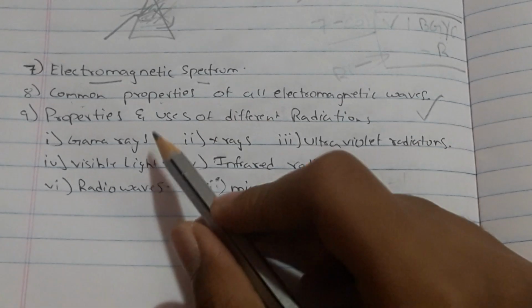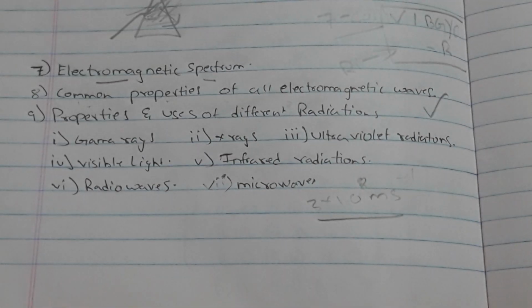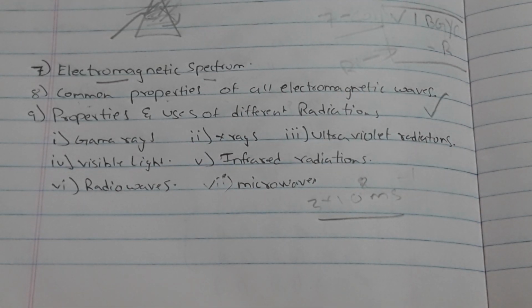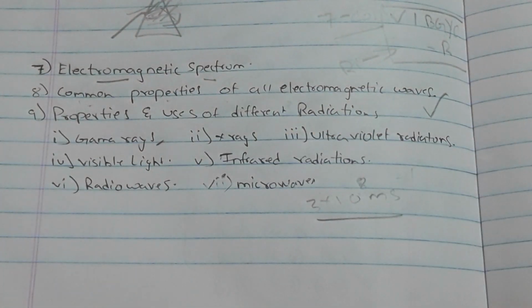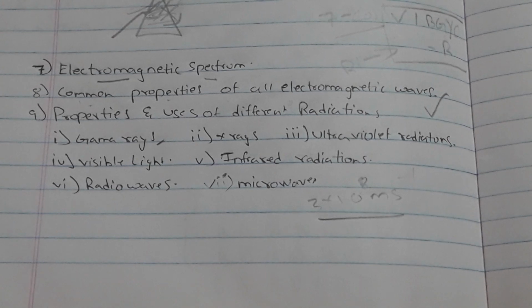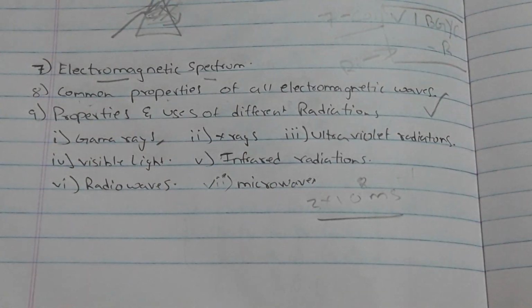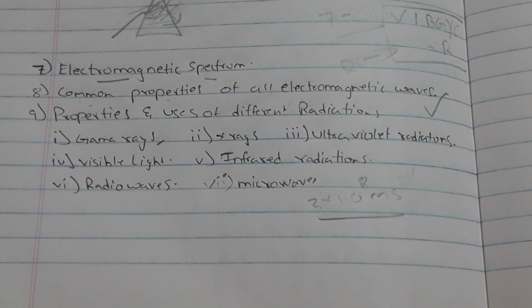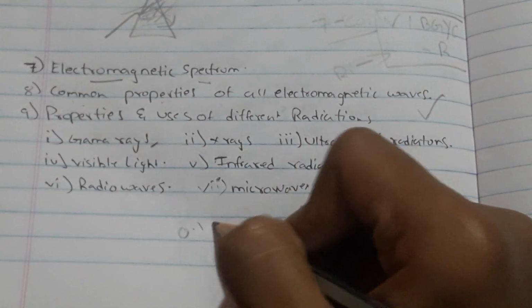Now moving to the properties and uses of different radiations. First we will see gamma rays. Under gamma rays, what are the properties and their uses? What are gamma rays? These are the most energetic electromagnetic radiations, of wavelength less than 0.1 Angstrom.